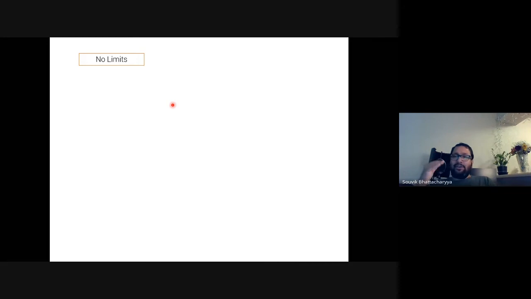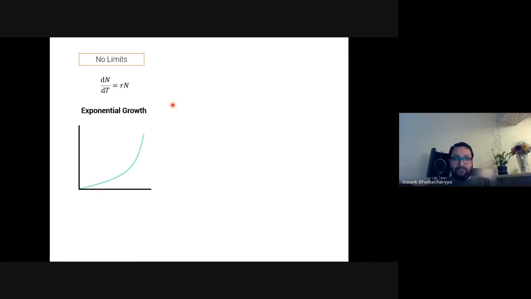But in theory, if a population is growing continuously, with no limits on resources and no selection pressure, then what you get is exponential growth, where the population size will increase exponentially over time, and you will get a J-shaped curve. You can see this is J-shaped.